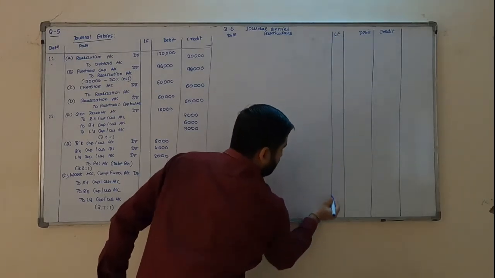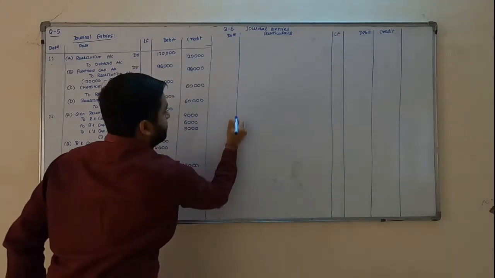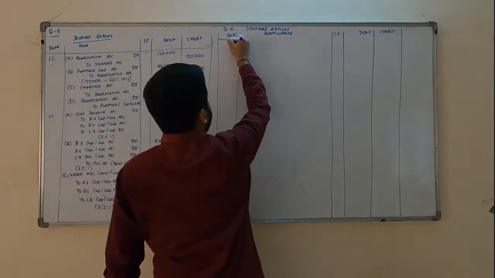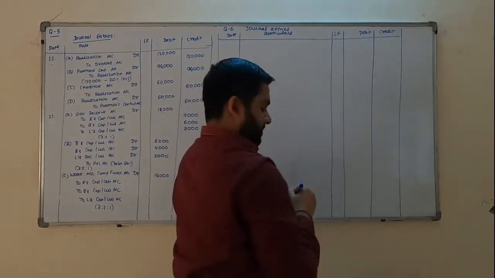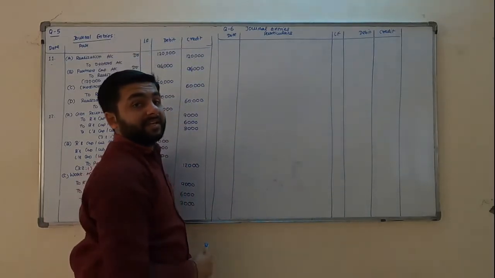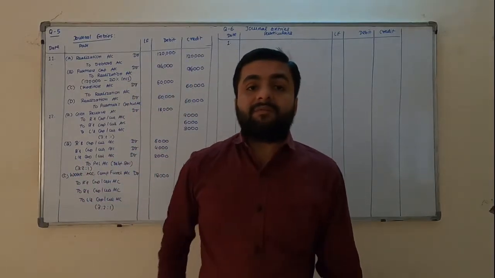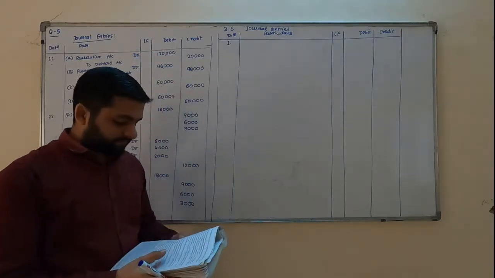So this is our last question friends. After this question, our chapter and our first part of accountancy will be over. Tomorrow we will start the second part, statistics. Okay, so tomorrow be ready with the second part of statistics.